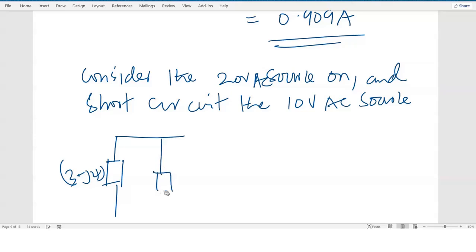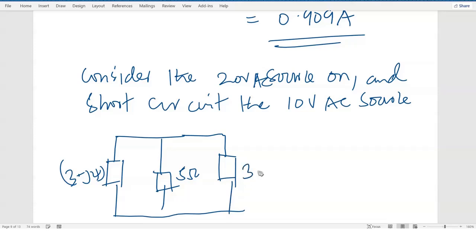Then you have the resistance 5 ohm. Then you have the impedance here, which is 3 plus j4 ohms. And the source that we are having here is 20 at an angle of 0 degrees volts.